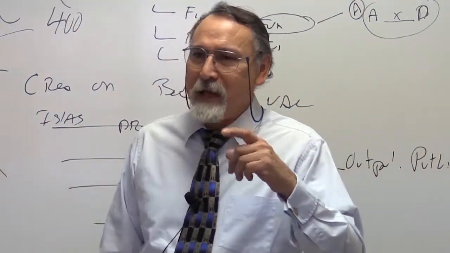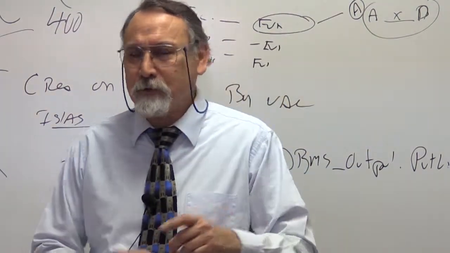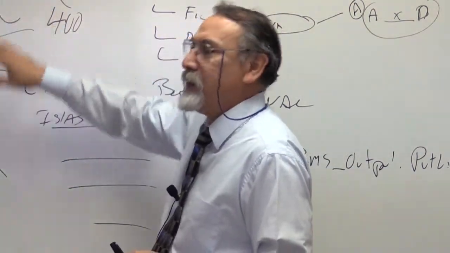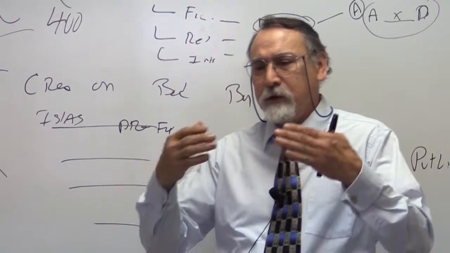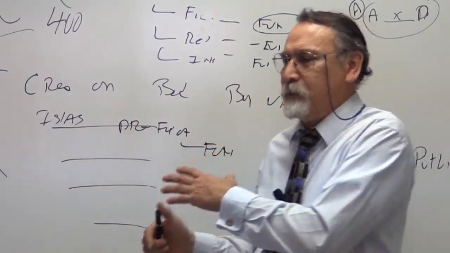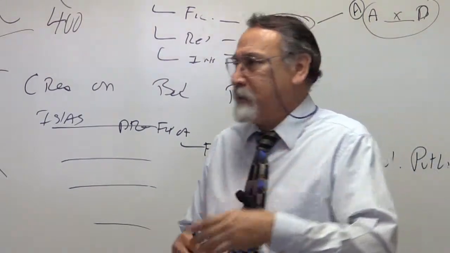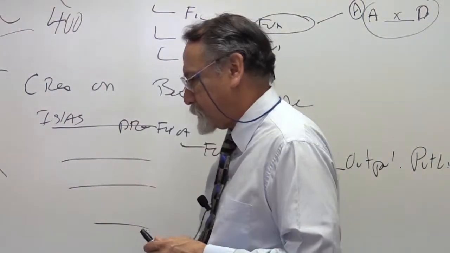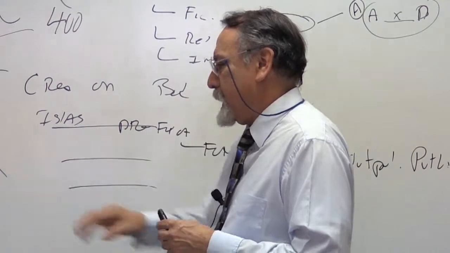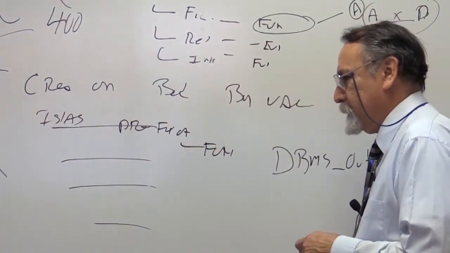But remember that a package has two components to it. It has the header and the body. So when you decide that you no longer need this package and you're going to drop it, understand that it's a two-level event because you have to drop the header and you have to drop the body in order for this thing to be efficient.